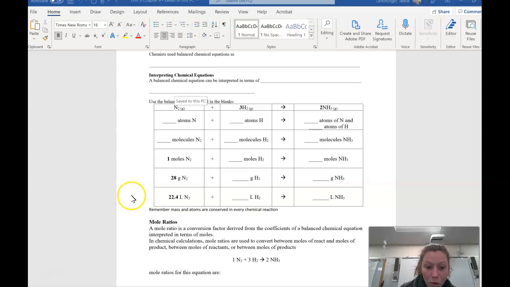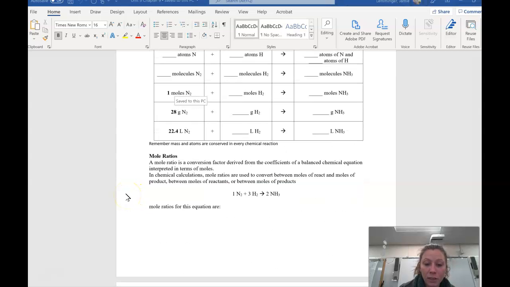Okay, so a mole ratio is really just looking at the coefficients of the balanced chemical reaction. If you don't remember what coefficients are, they're those big numbers right in front of the compound. So the 1 in front of N2, the 3 in front of H2, and the 2 in front of NH3. Yesterday we started working on these mole ratios, but there are actually 6 mole ratios.